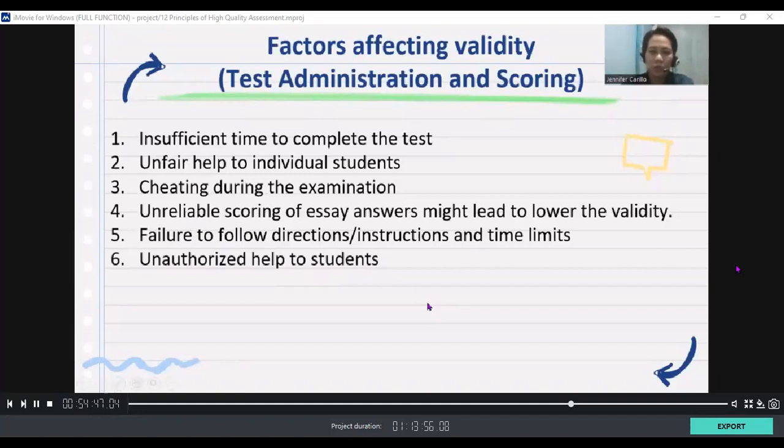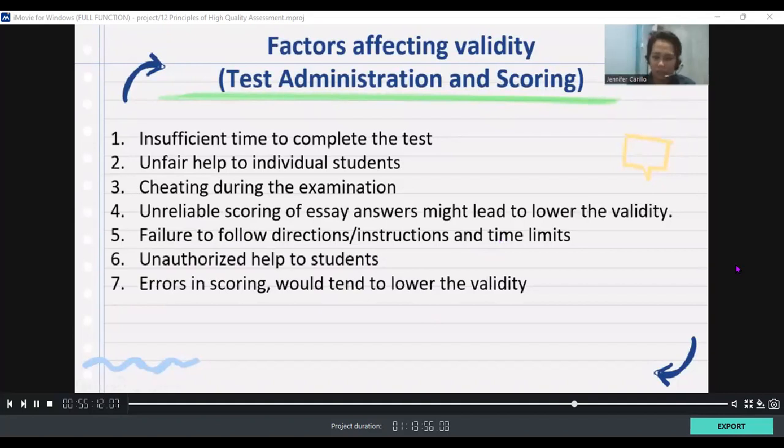Unauthorized help to students. If you help the students, that is wrong. This is the reason why when you give a test, the administrator and the proctor are different, so that the teacher cannot influence the students.